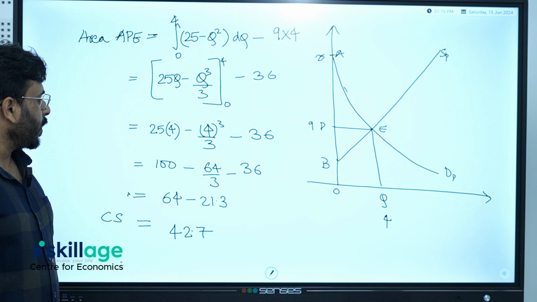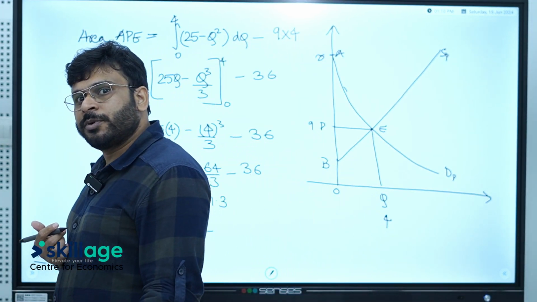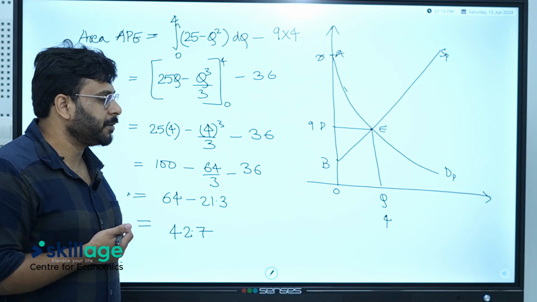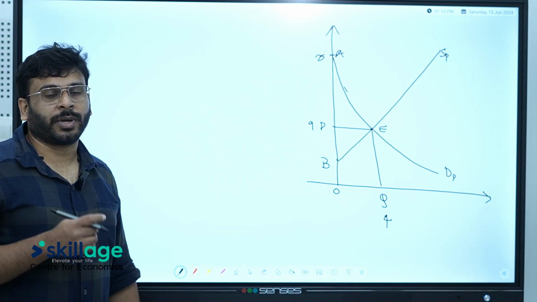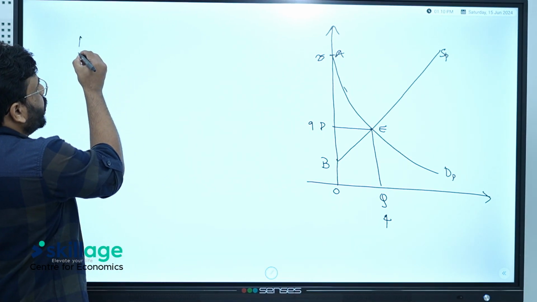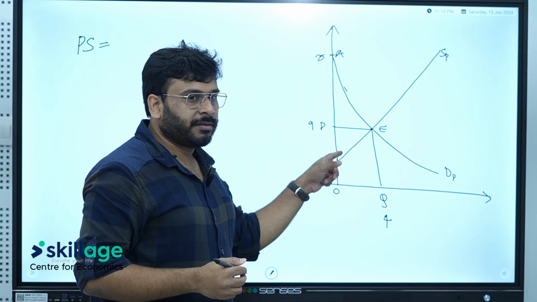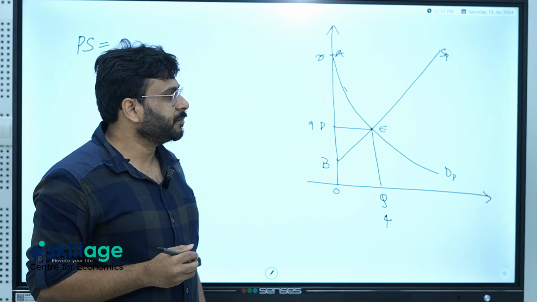Now, once you have solved for consumer surplus, let's find the producer surplus as well. You will remember that producer surplus is this rectangular area minus the area under the supply curve.